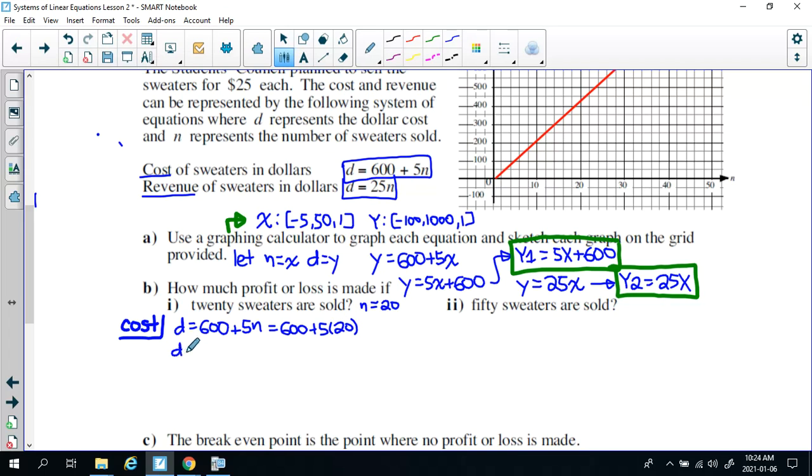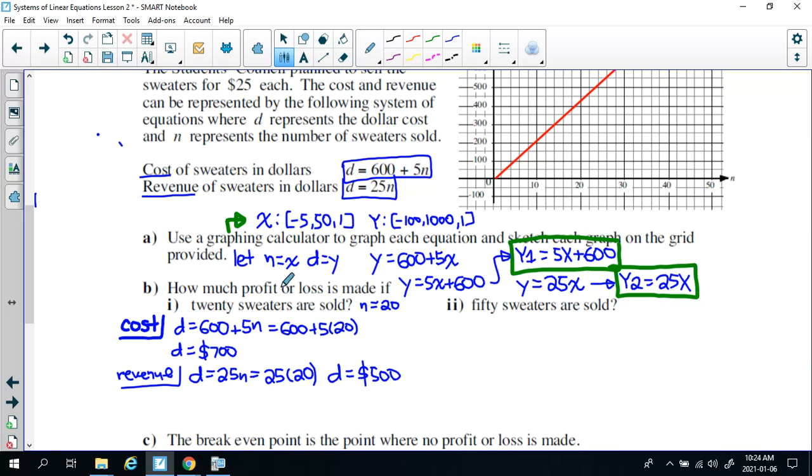So my cost of making 20 sweaters would then be $700. Now the revenue, we use the second equation for. That equation is D is equal to 25N. Replace N with 20, so 25 times 20. Therefore, my revenue would be $500.